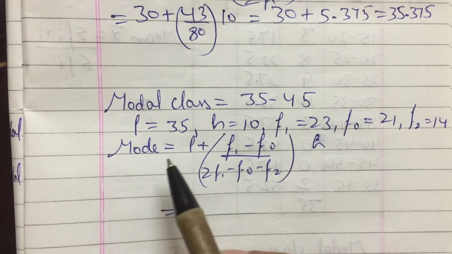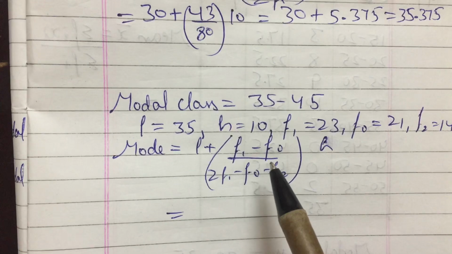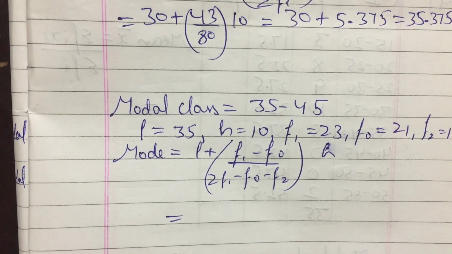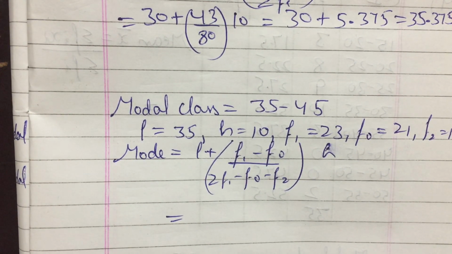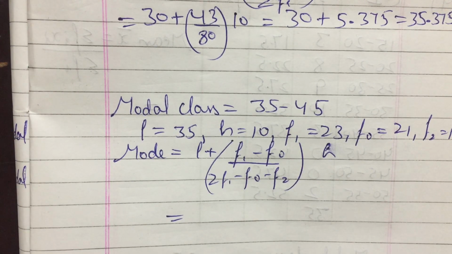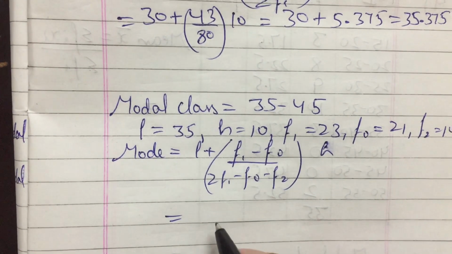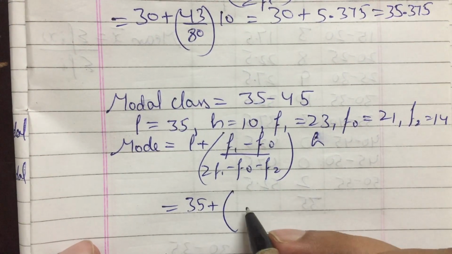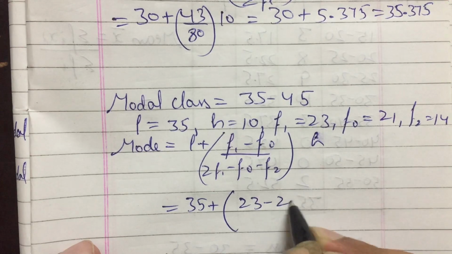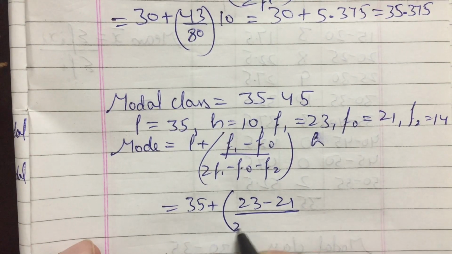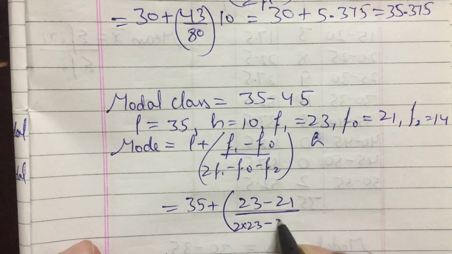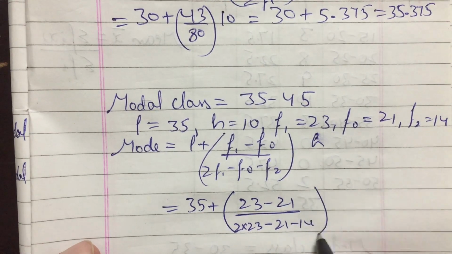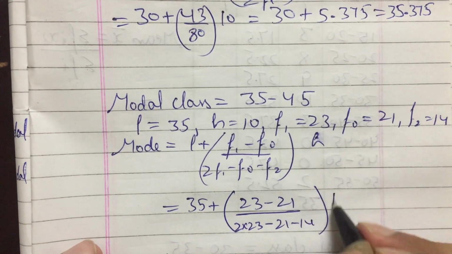So mode is equal to L plus (f1 minus f0) upon (2f1 minus f0 minus f2), multiplied by h. In this case the mode will be 35 plus (23 minus 21) upon (2 multiplied by 23 minus 21 minus 14), multiplied by the h value, 10.